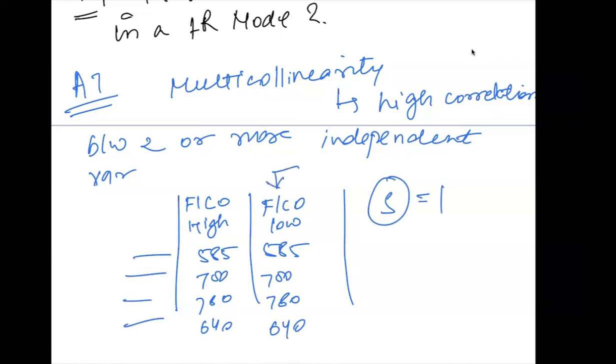If these two variables are there in your data and you are running a linear regression model, it will have higher collinearity because you have two independent variables which have a higher correlation. In this case, a correlation of 1, which is the maximum value it can take.